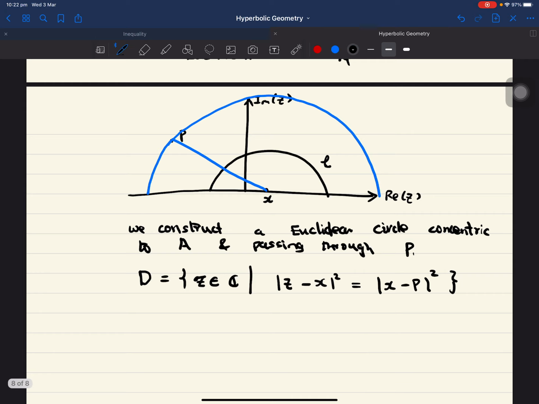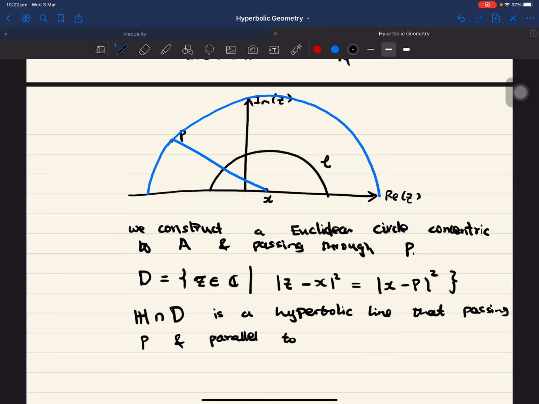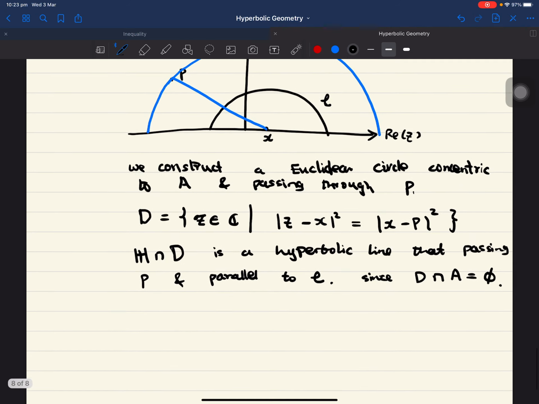The hyperbolic line H intersecting D is a hyperbolic line that passes through P and is parallel to L, since D intersecting A is empty and D is clearly perpendicular to the real axis.